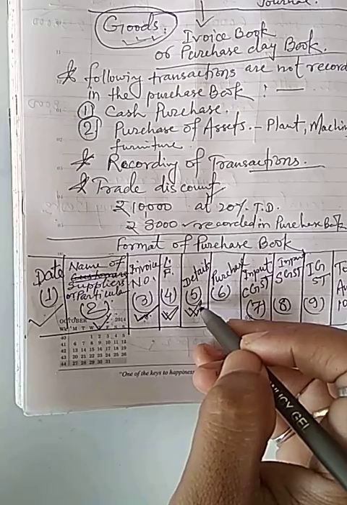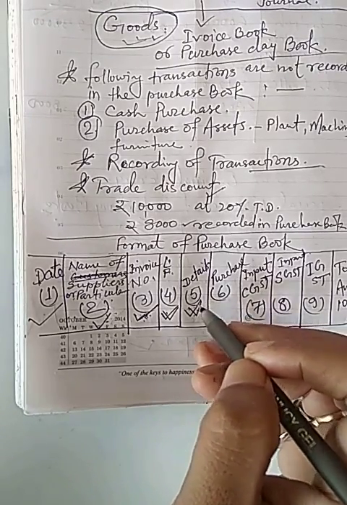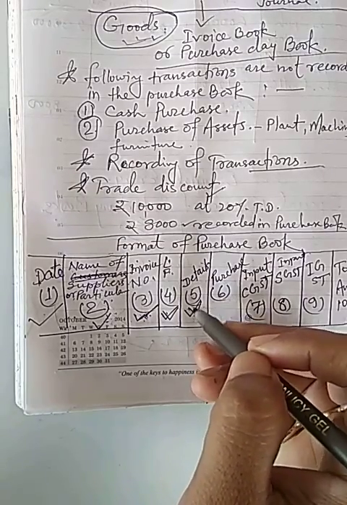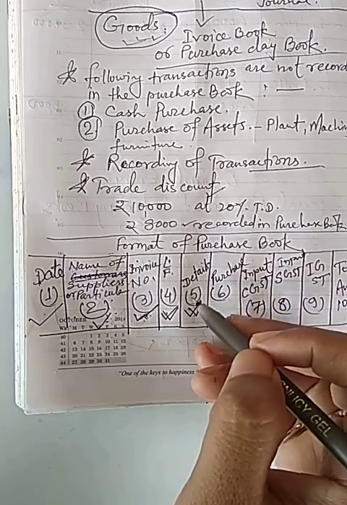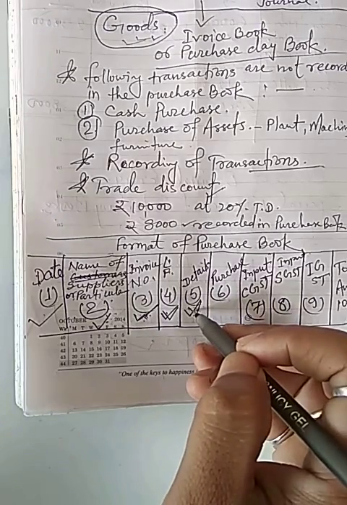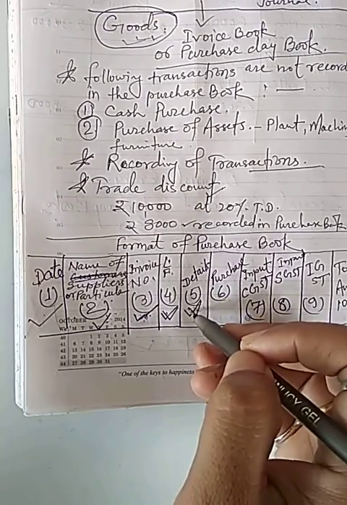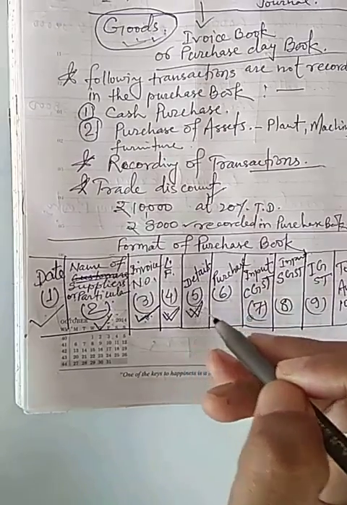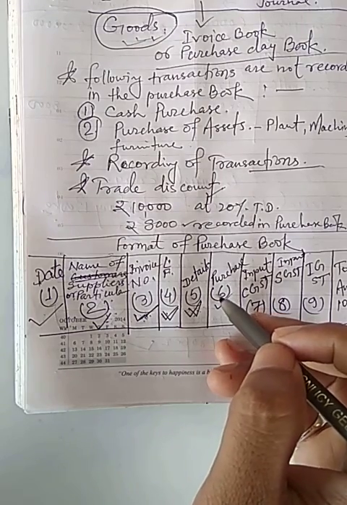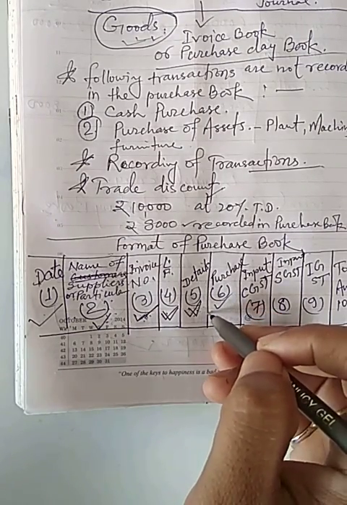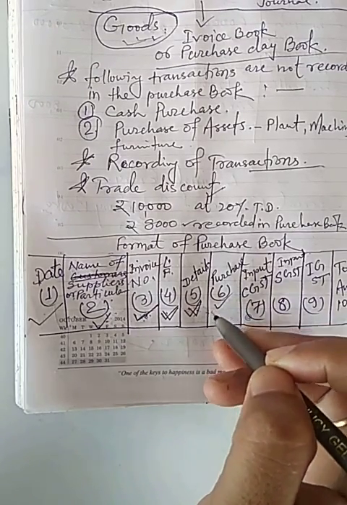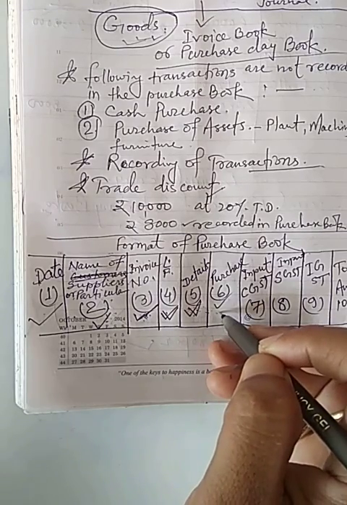This column is also used to deduct the amount of trade discount and for adding the amount of input CGST, input SGST, and input IGST. Now sixth column is related to purchase. Net amount of purchase, that is purchase less trade discount, is written in this column.